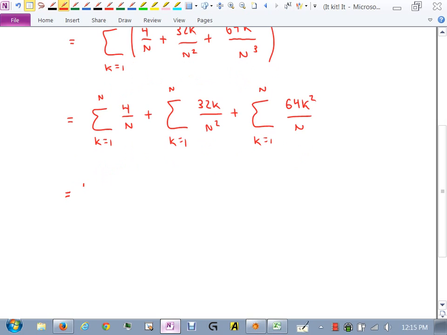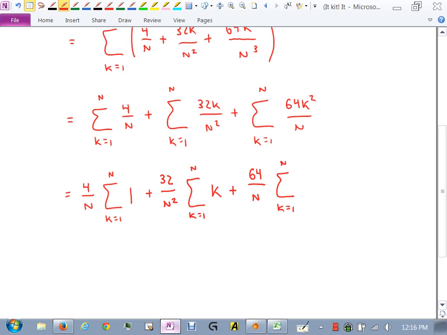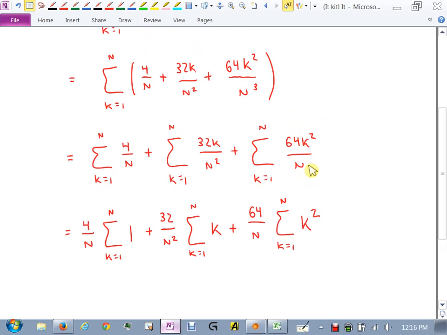So it's going to be 4 over n came out of the first one times sum k equals 1 to n of 1 plus, what can come out of this one? 32 over n squared, sum k equals 1 to n of k, plus what comes out of the next one? 64 over n, sum k equals 1 to n of k squared. Where? Oh, yeah, cubed. Wow, I missed it up here. Why didn't y'all tell me? Cubed.